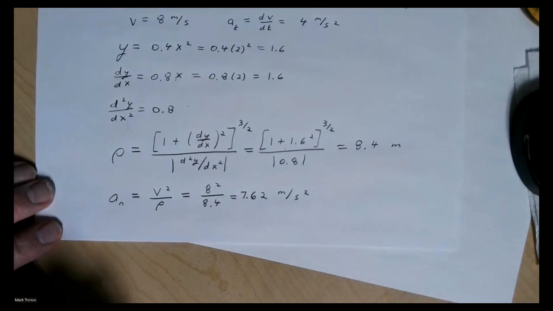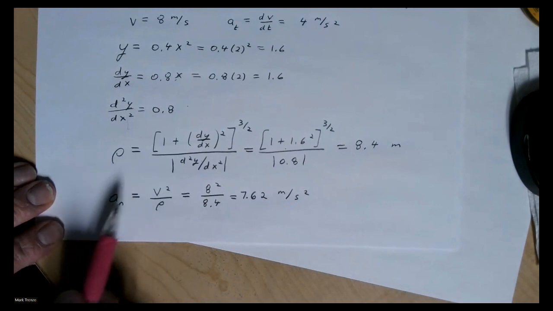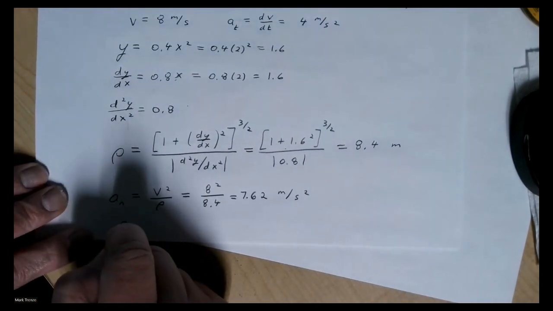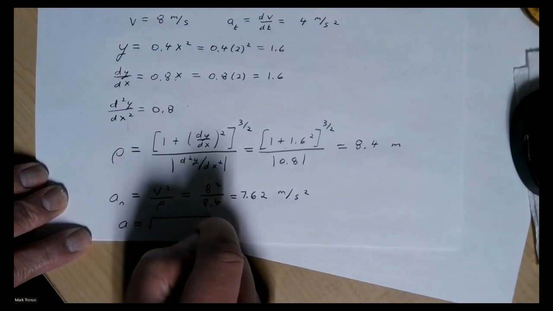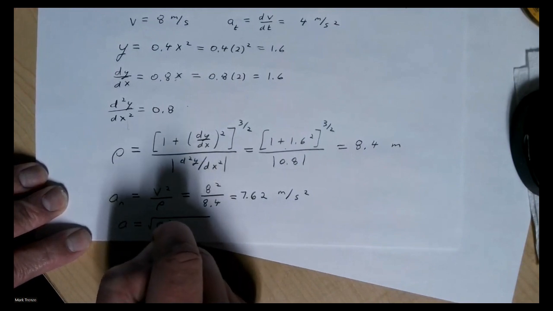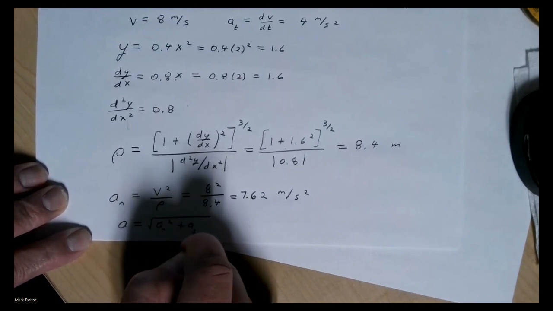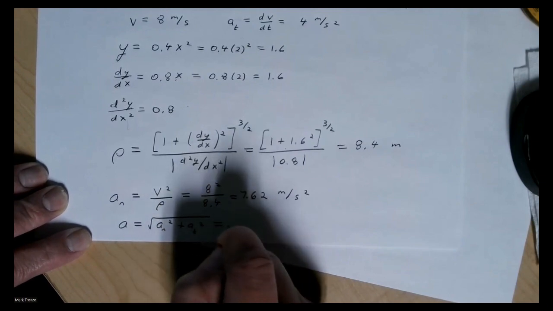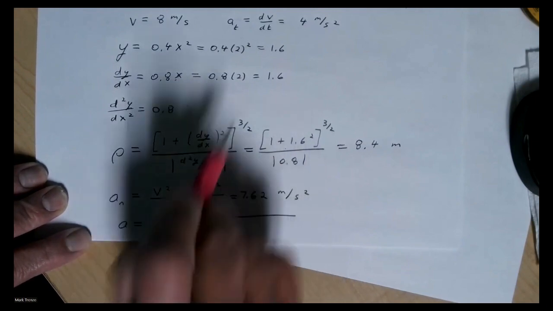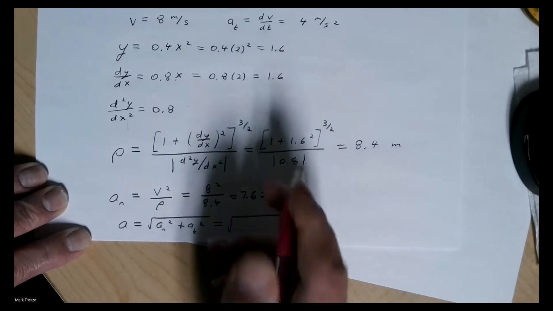And then finally, if we want the overall acceleration, it's going to be the square root of a_n squared plus a_t squared. And again, the a_t was given to us.